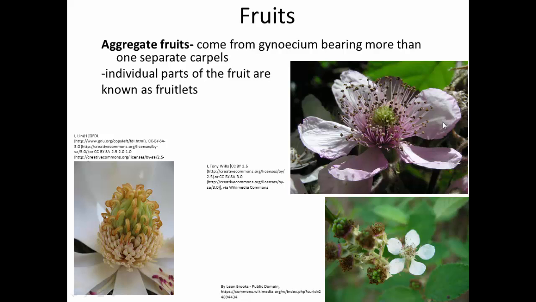Here we can see that some of the carpels have started to form fruit, so the ovary wall is thickening in some of these. These fruitlets are stuck together, forming one single aggregate fruit. The magnolia produces a really impressive fruit that is an aggregate of follicles, so it's a dry aggregate fruit.